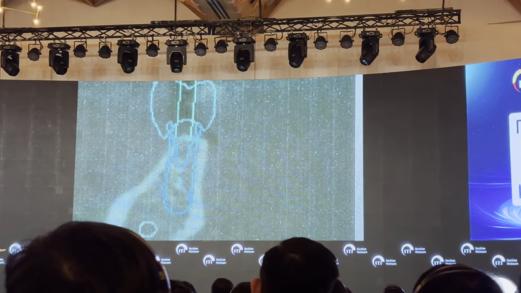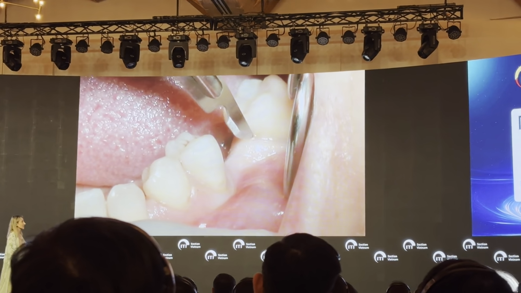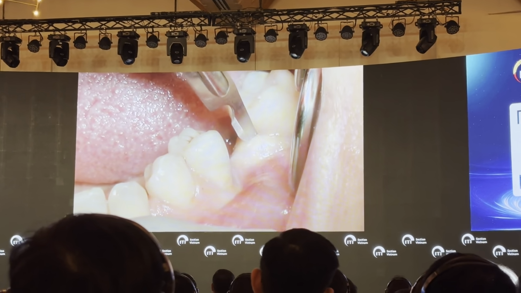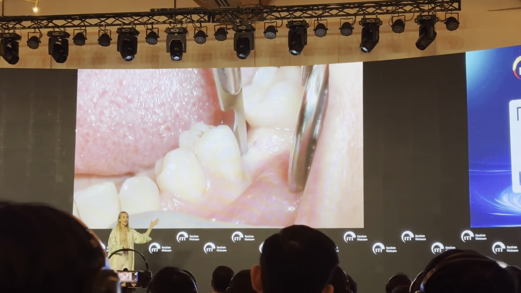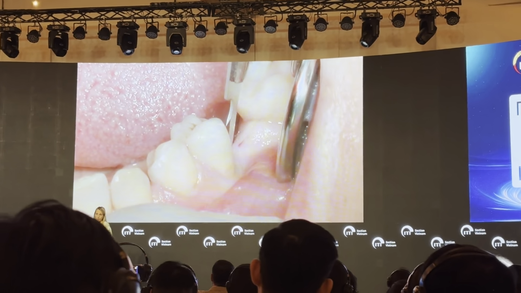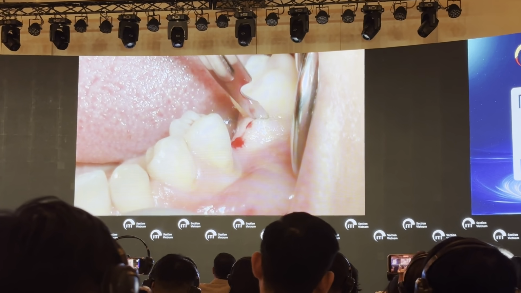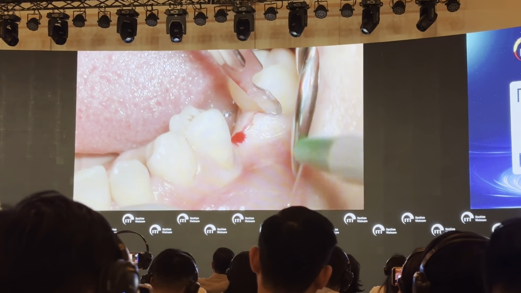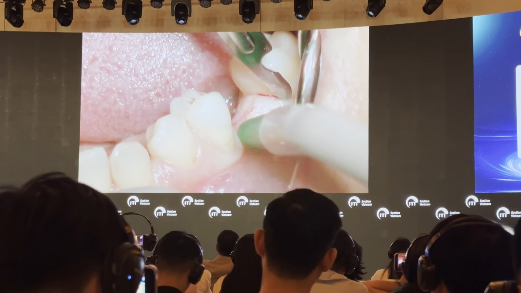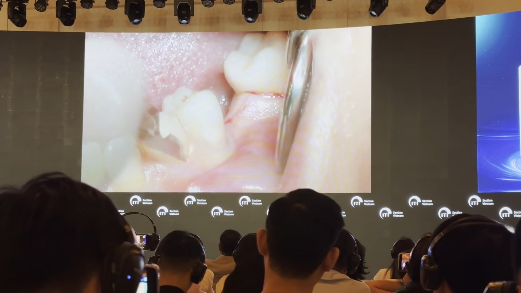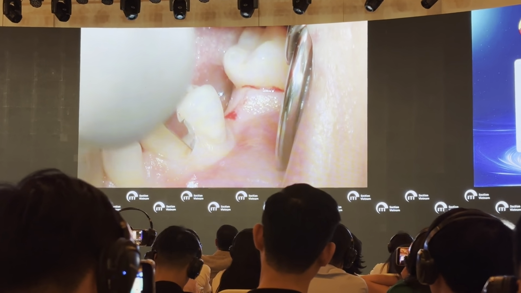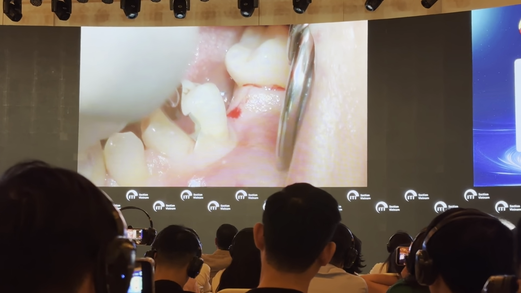You have enough bone, you have enough keratinized tissue, but you have to compensate for this lack of tissues, bone and soft tissue, that will not allow to have the right dimension of the implant supported restoration.